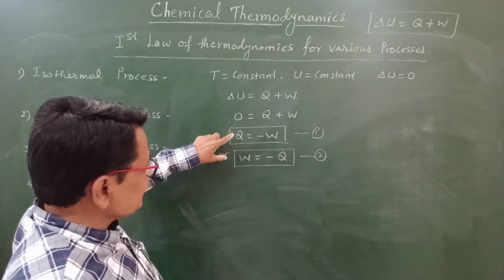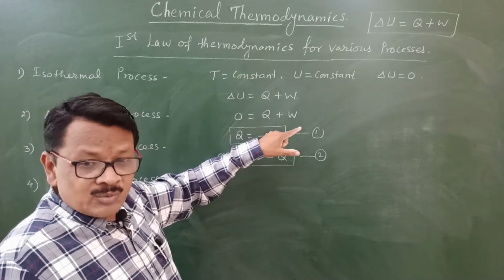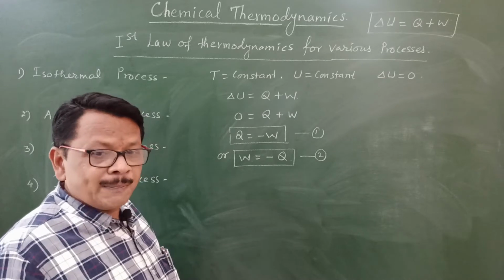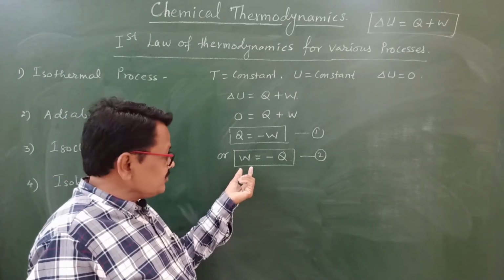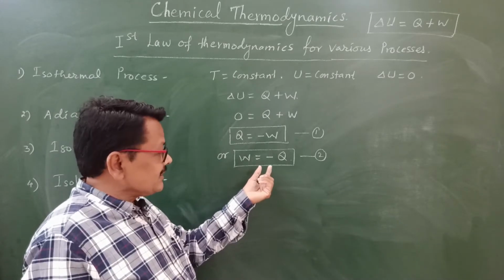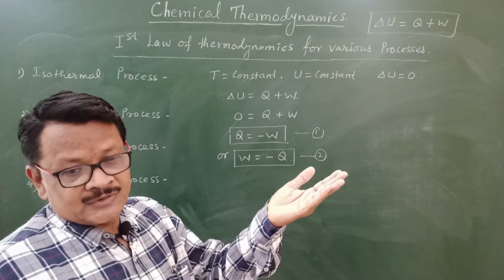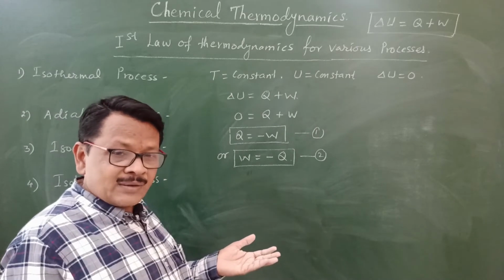Means at isothermal process, supplied heat is totally utilized to do work of expansion. And what does the second equation indicate? If work is done on the system by the surrounding, means positive W, then it results in a release of heat. You see here, if work is done on the system by the surrounding, what happens?